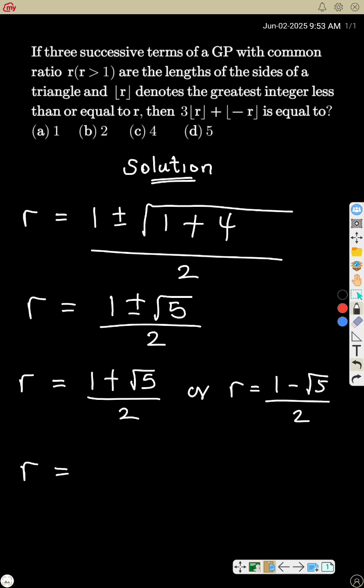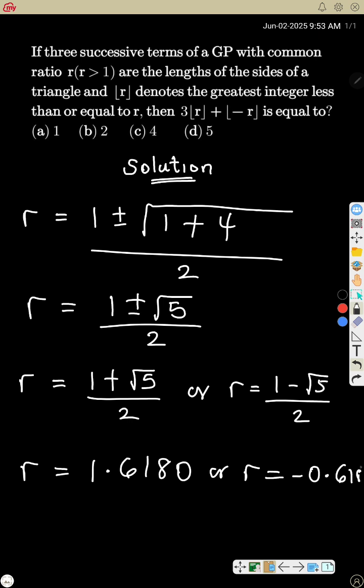Let me get it in decimal for you to see. 1 plus root 5 over 2 is 1.6180, or R is equal to 1 minus root 5 over 2, that is minus 0.61.